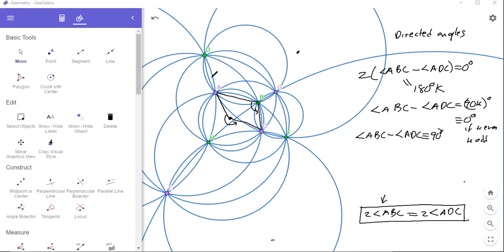ADC, look at ADC, we have angle D, this angle here. Going in the anti-clockwise direction, it goes like this. Multiplied by 2, it's going to be the same as the angle here at this center. So twice this. So this is theta, this will be 2 theta. And then this will also be 2 theta in essence.